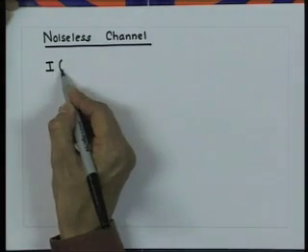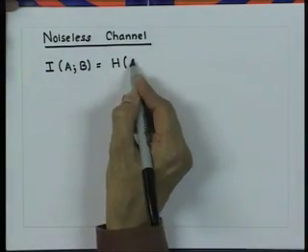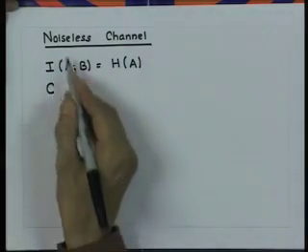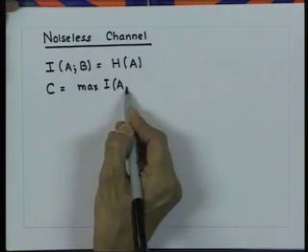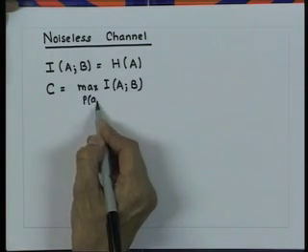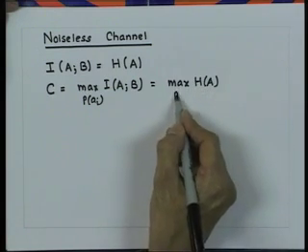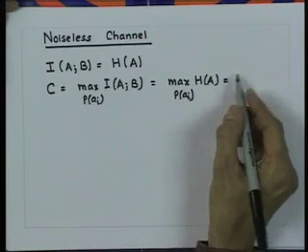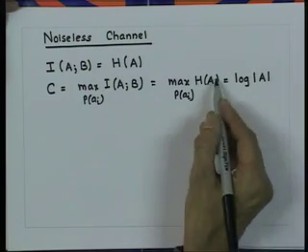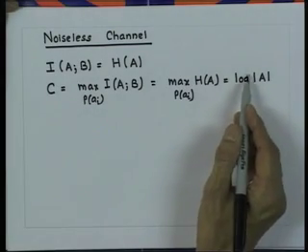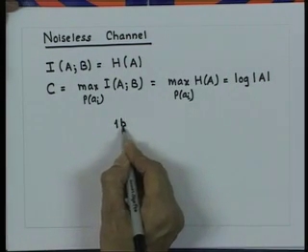We had seen earlier that the mutual information of a noiseless channel is given by H of A. Therefore, the capacity for a noiseless channel is the maximum of I(A;B) over P(Ai), which is equal to the maximum of H(A) over P(Ai), and this is equal to log of mod A, where mod A denotes the size of the input alphabet A. So, if we have a noiseless binary channel, the capacity of a noiseless binary channel will be equal to 1 bit.